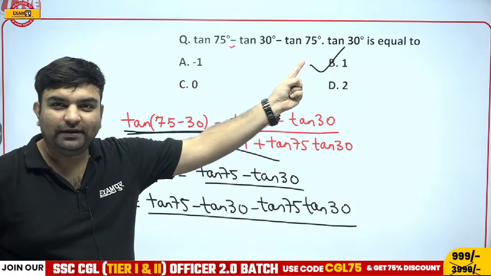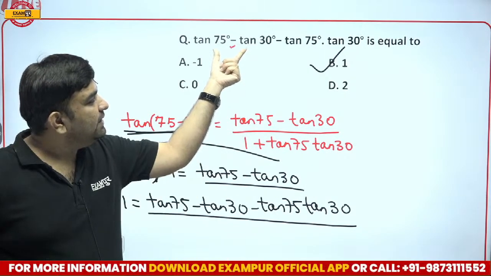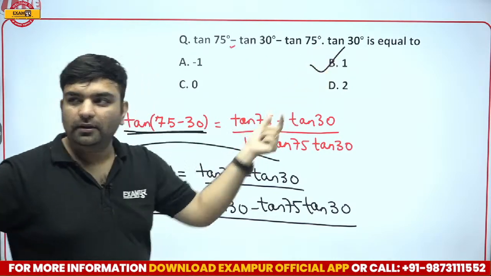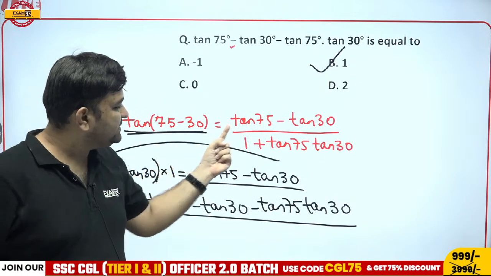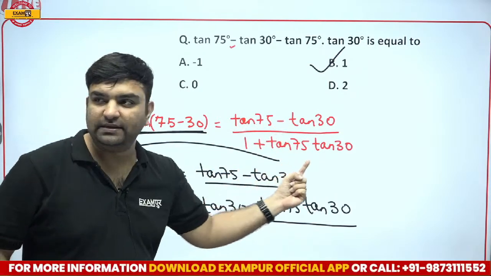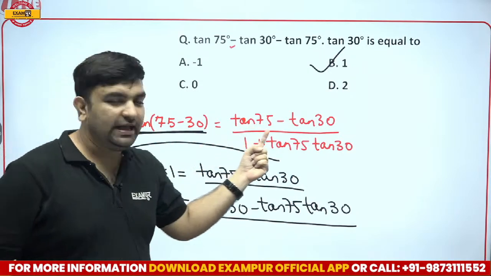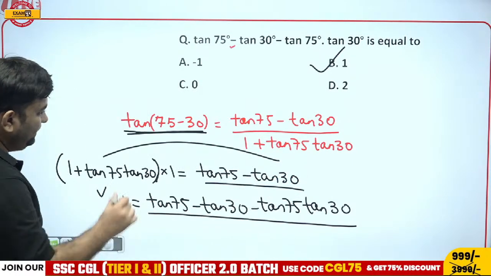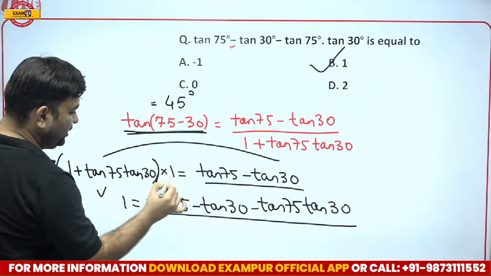Tan 75 minus tan 30, okay. Something in plus or minus, something in product, so I go for the formula of A minus B. Tan of A minus B is tan A minus tan B upon 1 plus tan A tan B. This is 45, so tan 45 is 1.